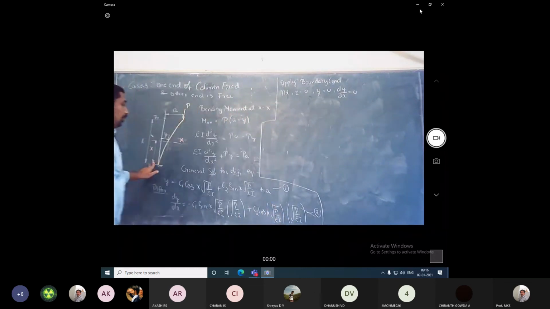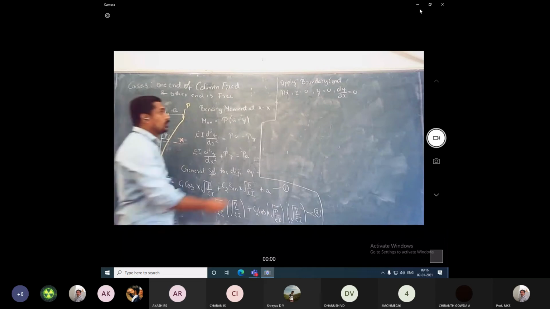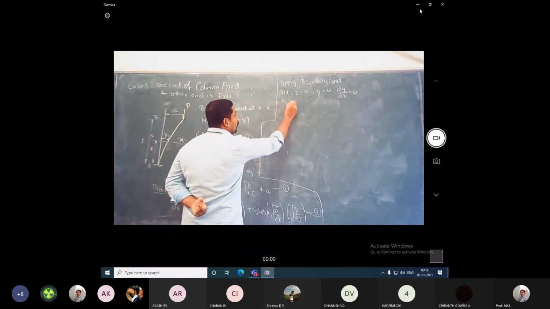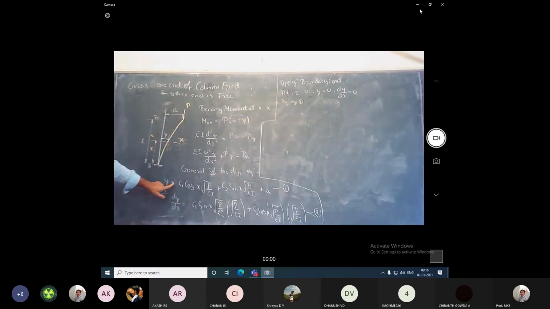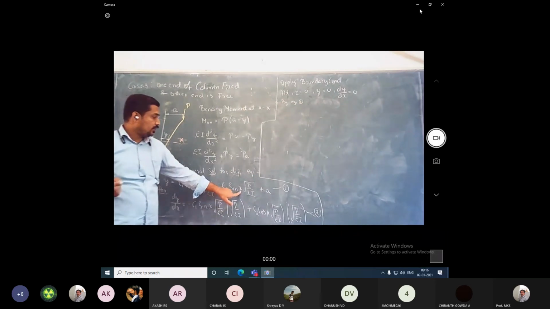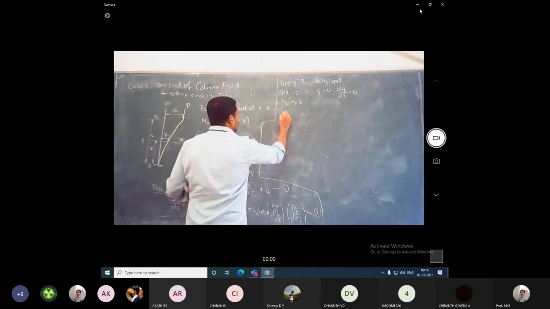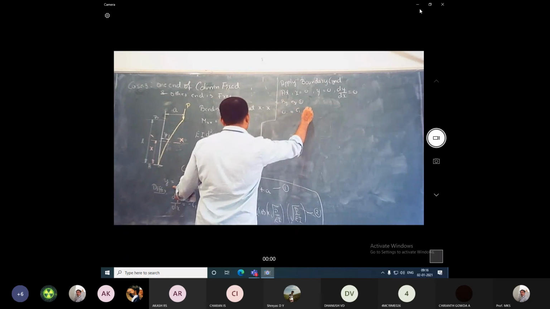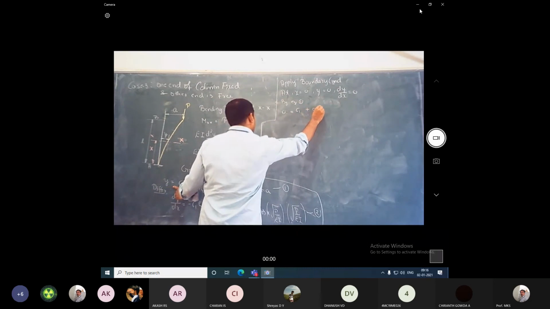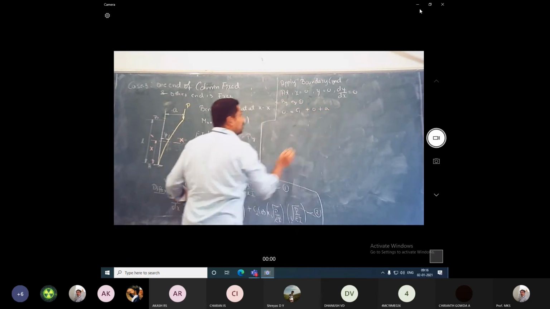Okay. So apply that boundary condition, x is equal to 0, y is equal to 0 for equation 1. So by equation 1, if I apply here, y will be 0, c1 cos 0 is 1, plus sine 0 is 0, plus A. So it will be 0 is equal to c1 plus 0 plus A, right?